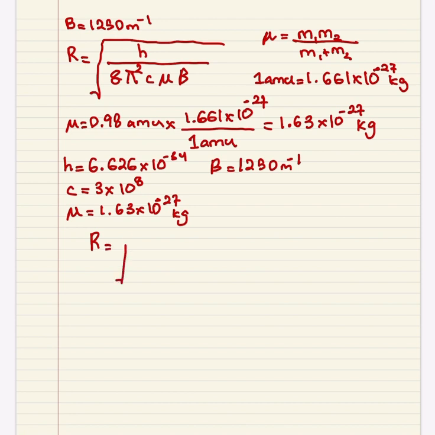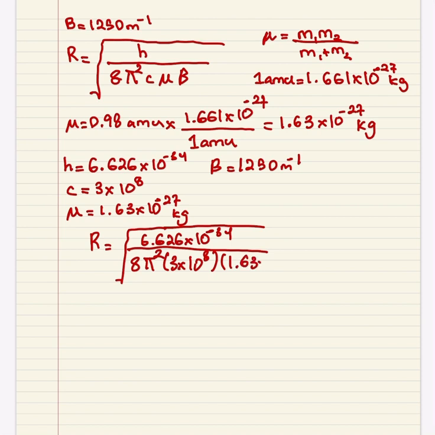So let me get 6.626 times 10 to the negative 34 divided by 8 pi squared, 3 times 10 to the 8, times 1.63 times 10 to the negative 27.